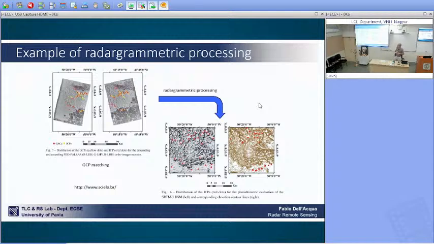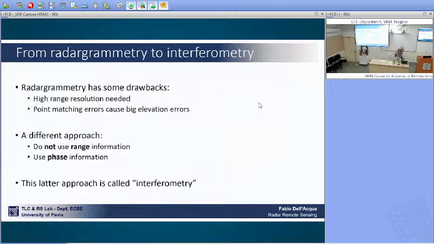But this is not, as I said, this is not extremely precise anyway. So that nowadays, what is mostly done is to use the discipline called interferometry. What is interferometry?